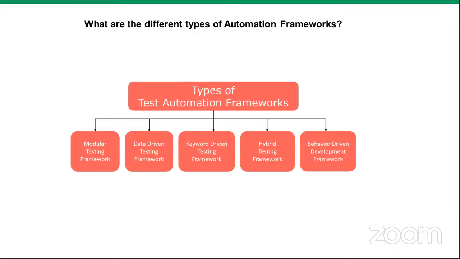And then we have the behavior driven development framework, BDD framework, which is something related to Agile. These are some of the most widely used automation frameworks. So you can just explain these frameworks. We have questions related to these different frameworks in the coming slides, so you'll get a better understanding of what these frameworks are.